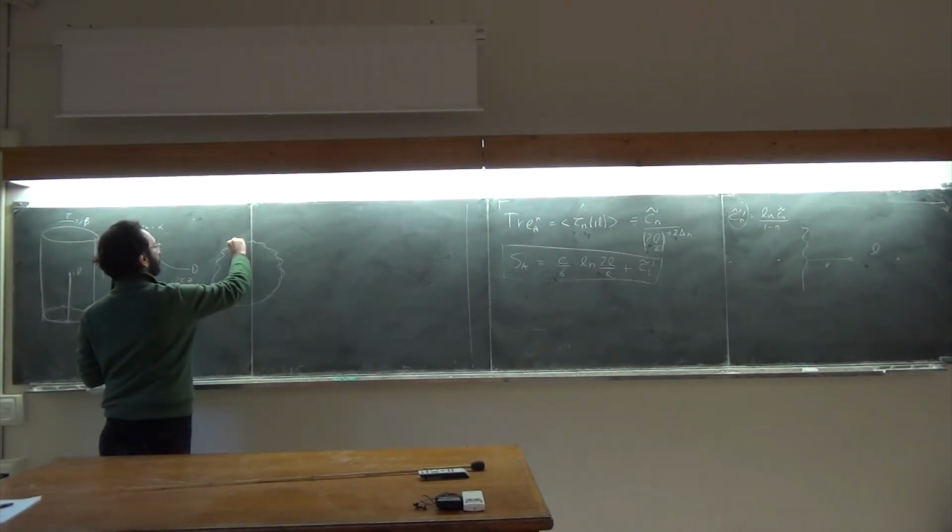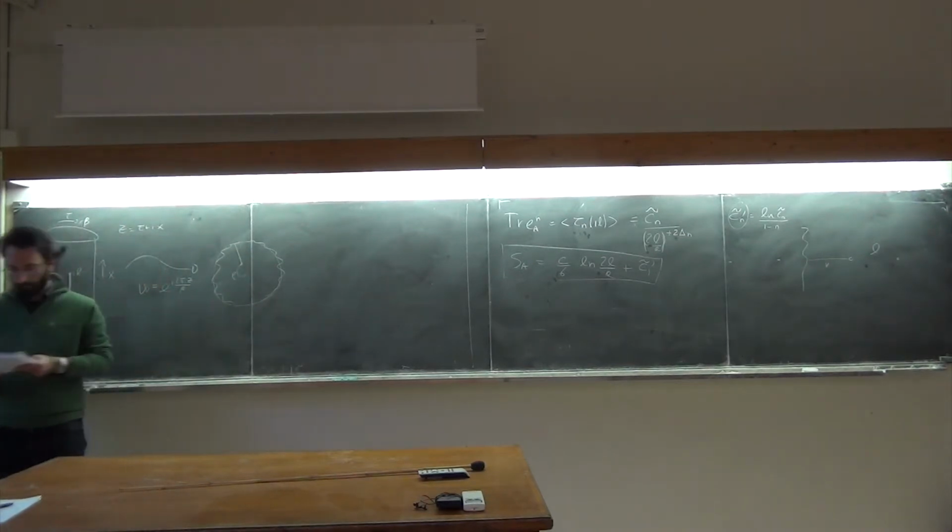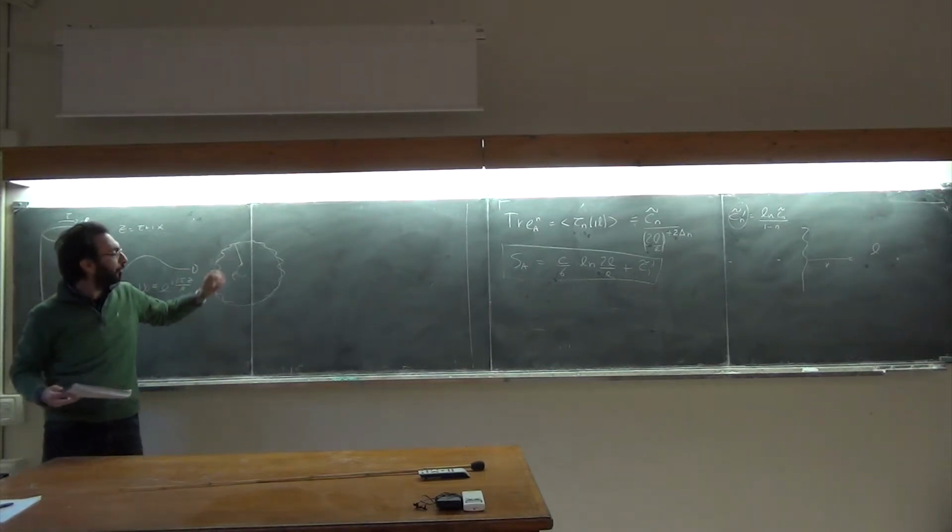If this is the center, the slit arrives here at some distance rho from the origin. But the slit is the other part of the rho.